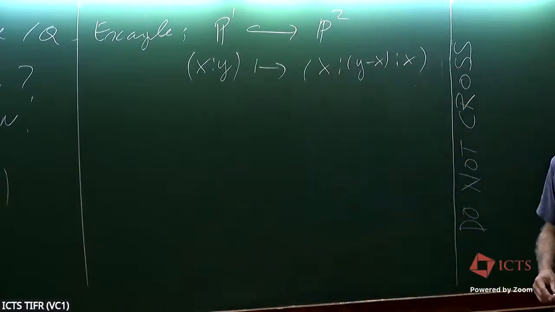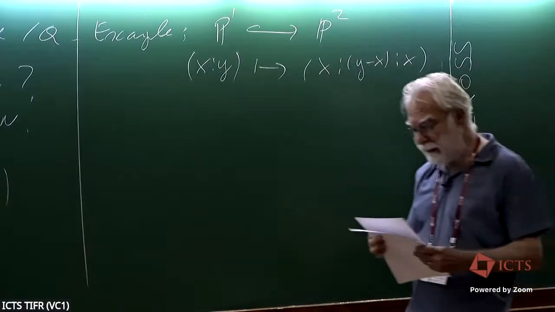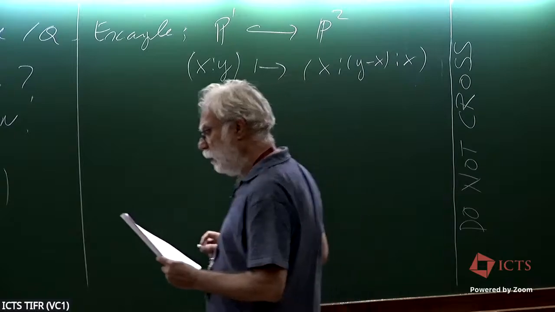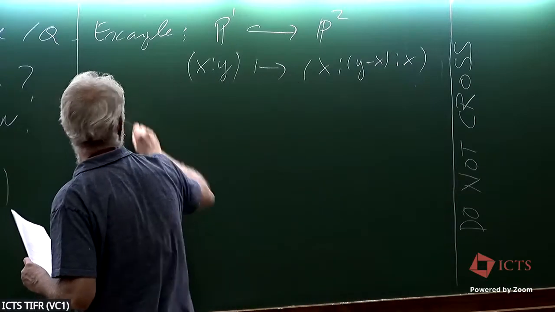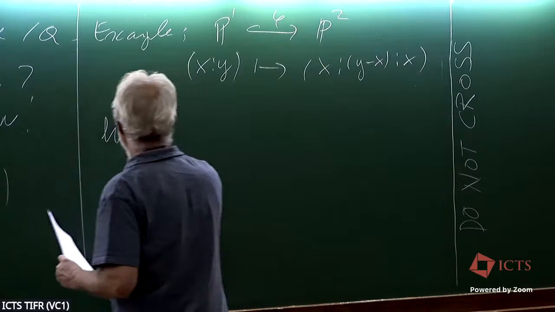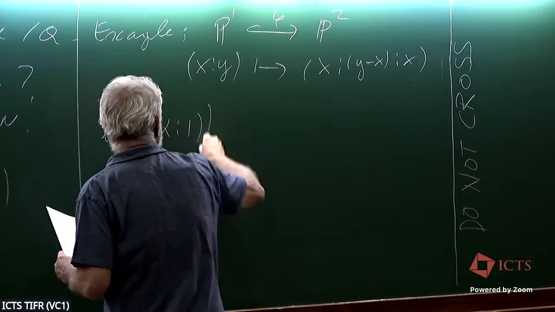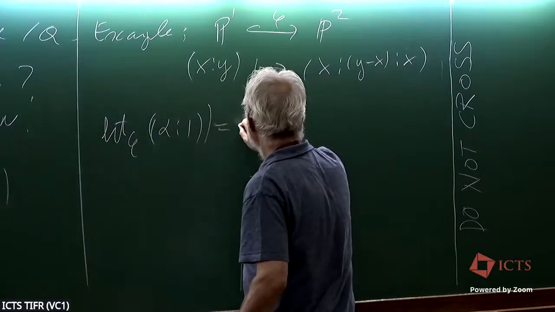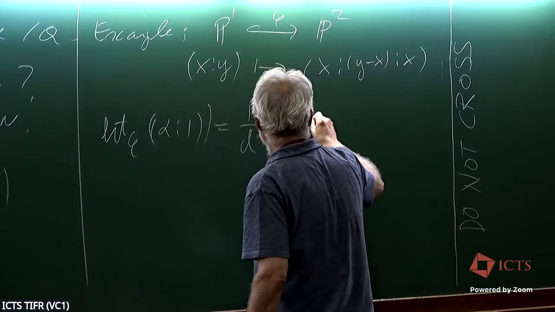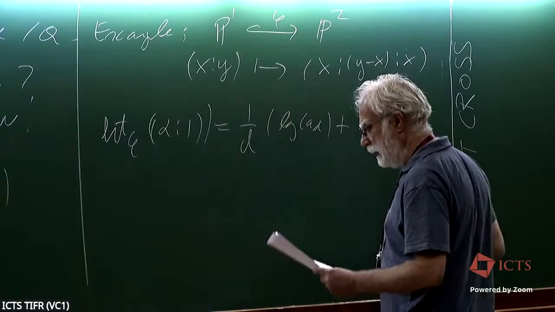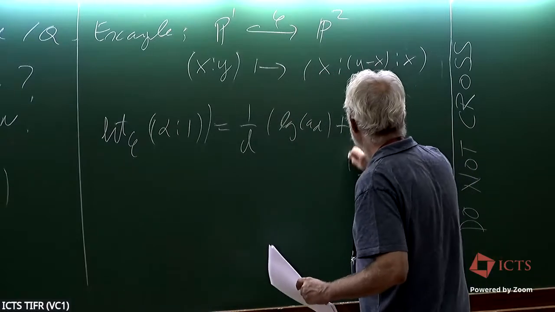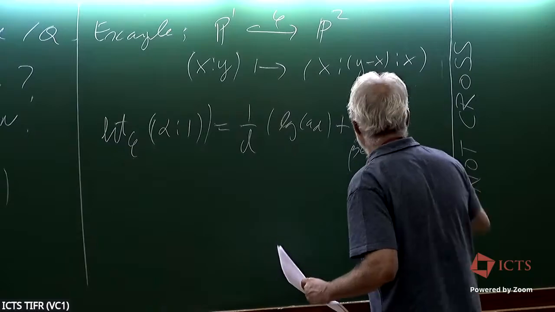Okay? And now I can define the height with respect to this phi of a point alpha in P1. This will be 1 over d log of a_d as before, plus the sum over all beta in the orbit of alpha.